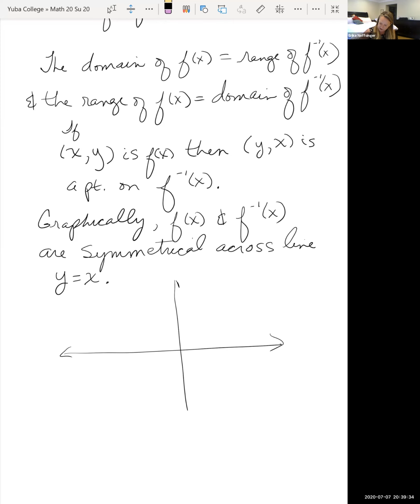So let me just do it as a dotted line, right? If we graphed y equals x, that's just a diagonal line going through the origin and strictly increasing. Every x value is the same as your y value. So basically it'd have to be a mirror image across this line.